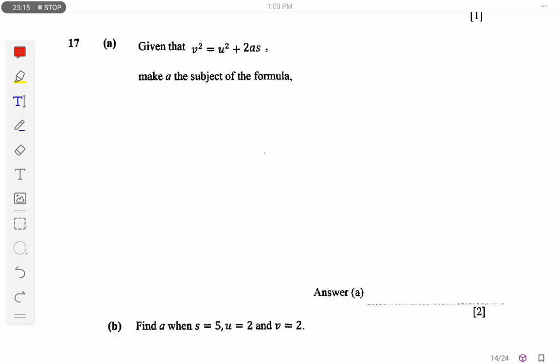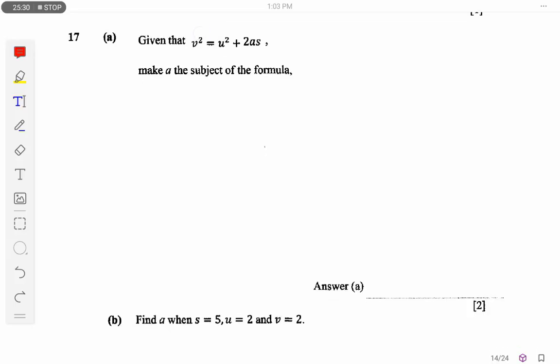We've got v squared is equal to u squared plus 2as. This is an equation from physics. They're saying make a the subject of the formula. First of all, I can take the u squared to this side. It becomes minus.